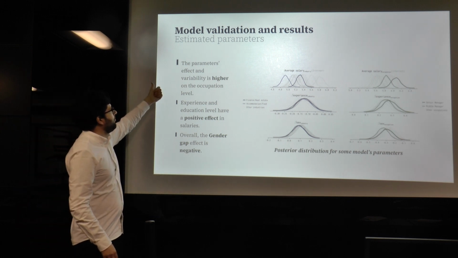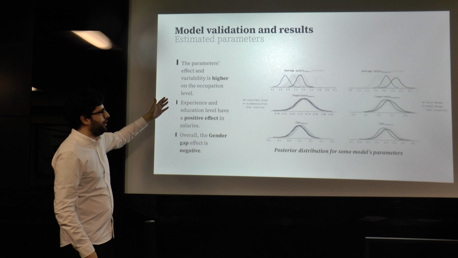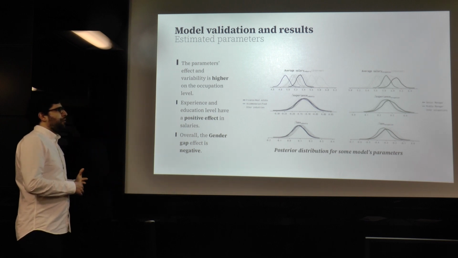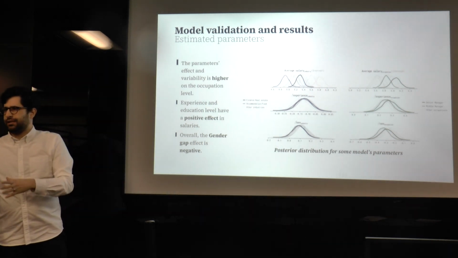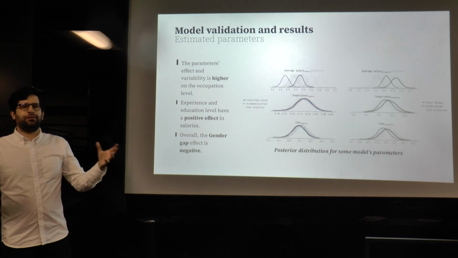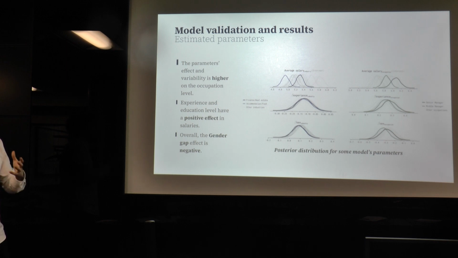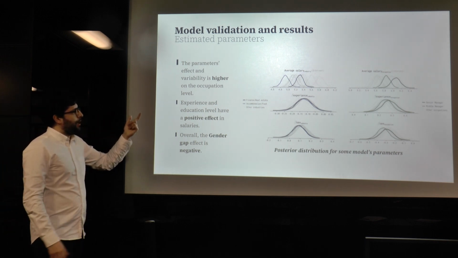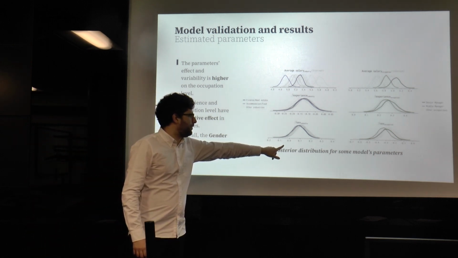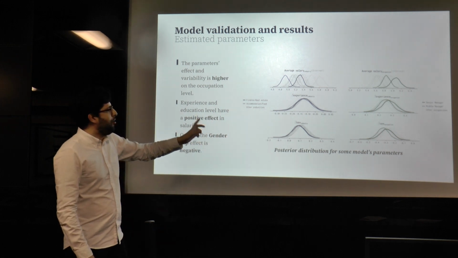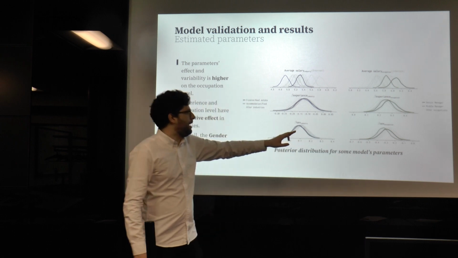In this case, we can see that the parameters' effect and variability is higher on the occupation side rather than on the industry side. What we think about this part is that the industry sets the average, the base salary, and the occupation captures the whole effect of the predictors. So, for instance, the effect of sex in industry is positive, but the effect of sex in occupation is negative.